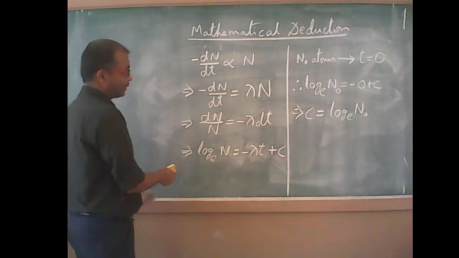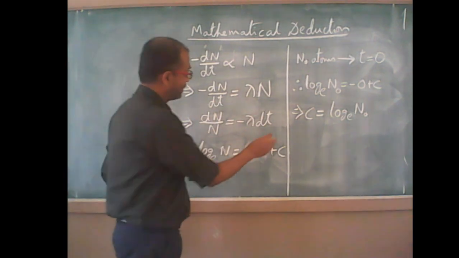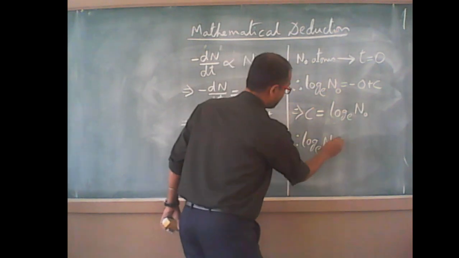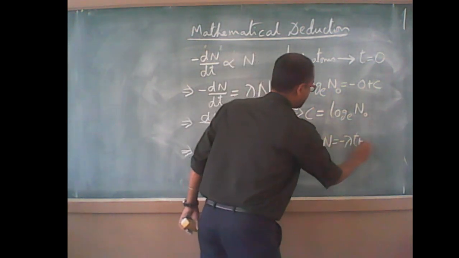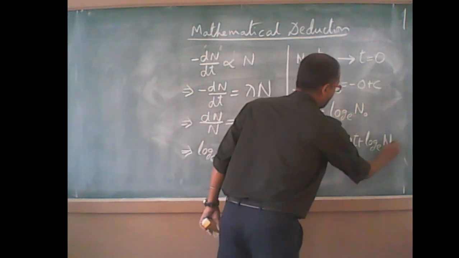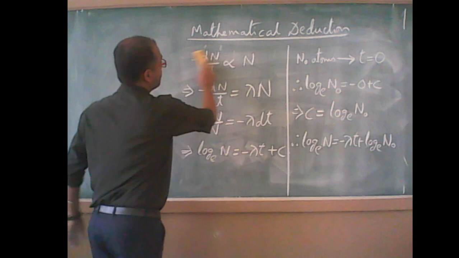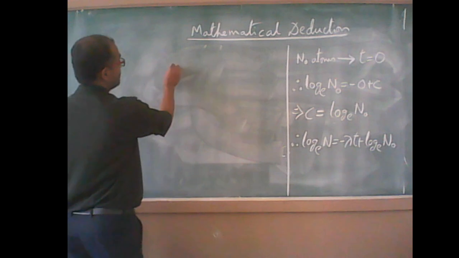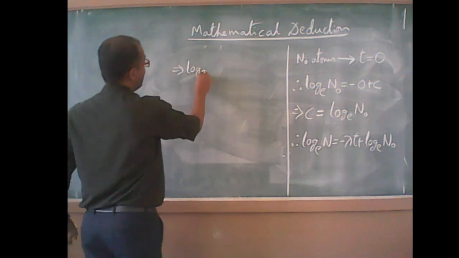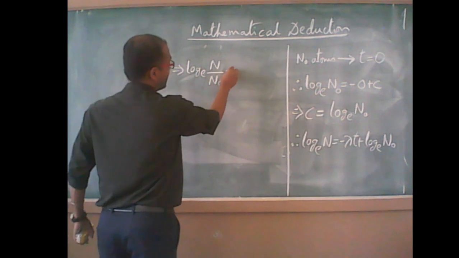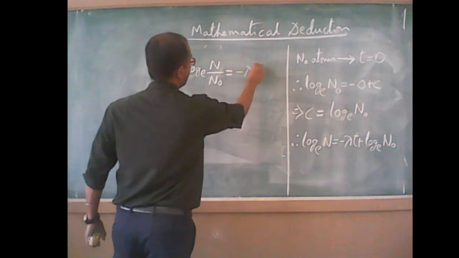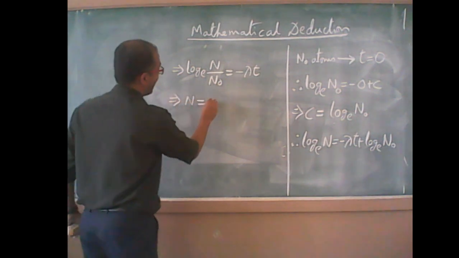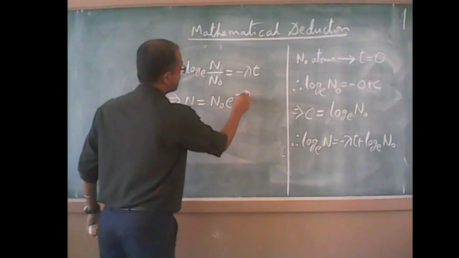Putting the value of c back into this expression, we get ln n = -λt + ln n0. Dropping this and putting it back here, we get ln(n/n0) = -λt, which implies n = n0 e^(-λt).